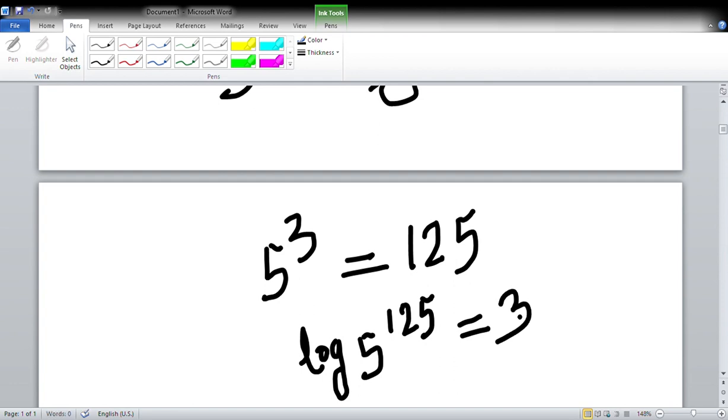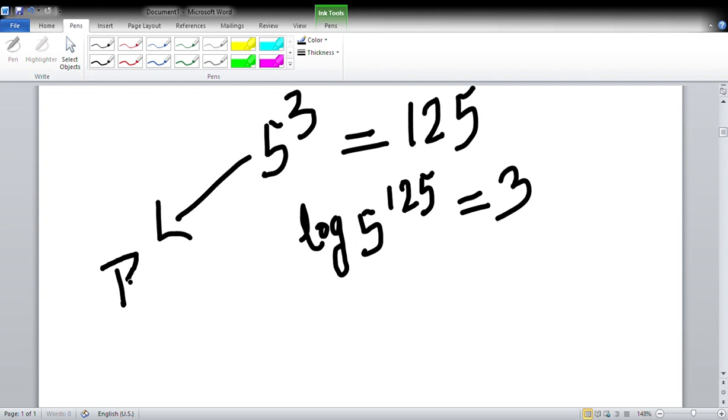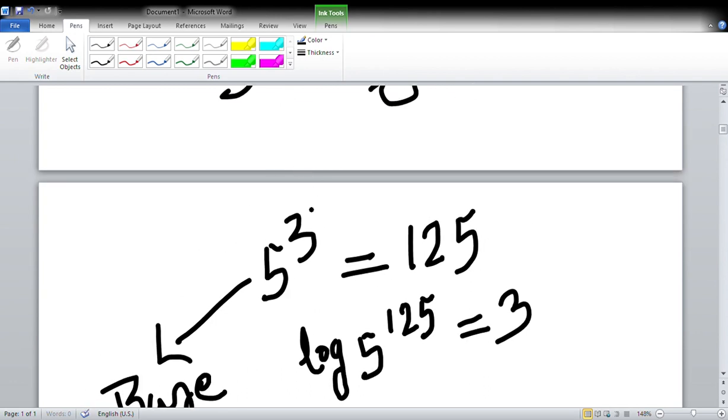Because one thing you have to understand, on the left hand side there will be the base. 5 is the base and 3 is the power of this base, right?